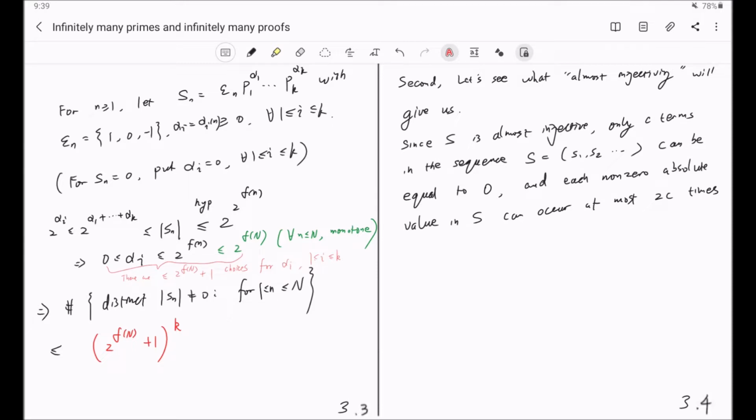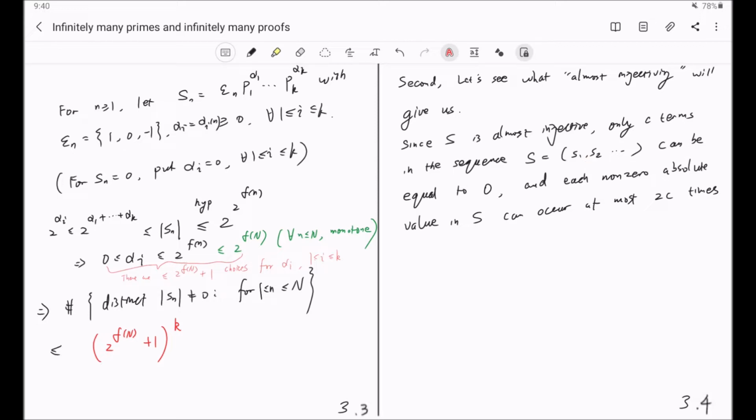By the definition of almost injectivity, we know that there exists C such that each value in the sequence, which could be positive or negative, can only occur at most C times.